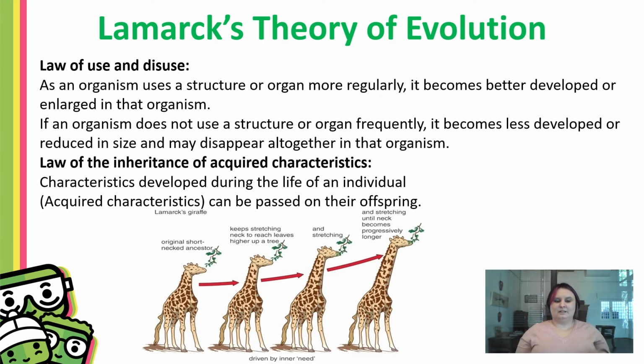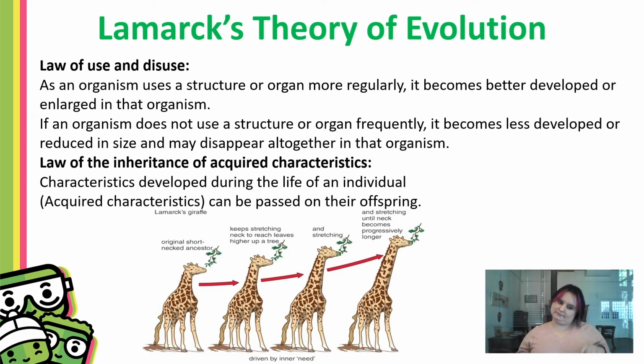So unfortunately, Lamarck is wrong because this is actually based on genes. A good example would be, let's say you go to the gym and you do lots of weightlifting and you get really buff and lots of big muscles. Now, when you reproduce and you have a baby, is your baby going to be born with these giant muscles?